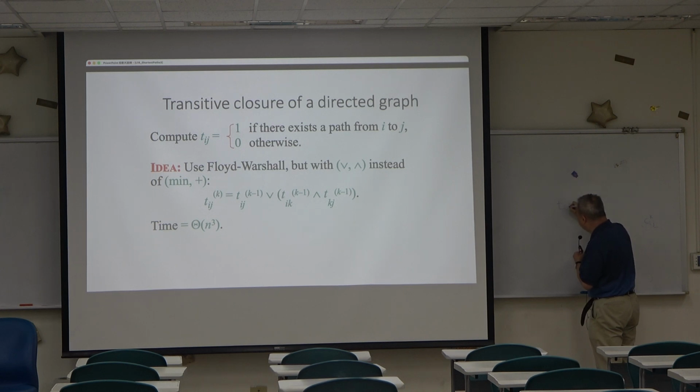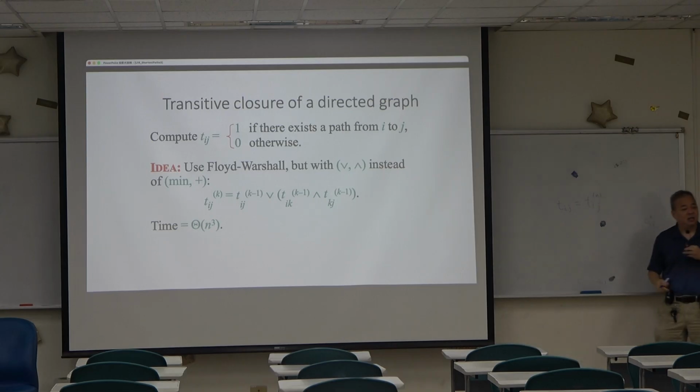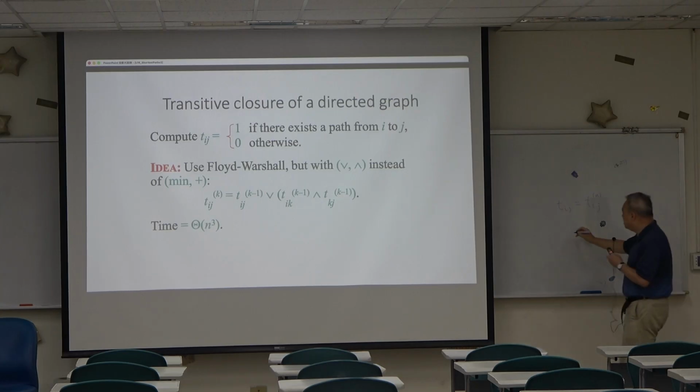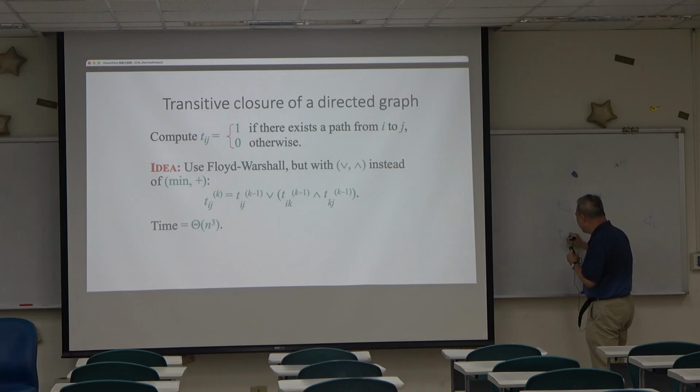So your T_ij will be T_ij^n. And also the boundary condition, where to start first? It's T_ij superscript 0. What is this T_ij superscript 0?